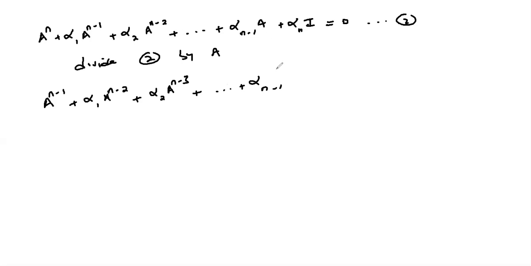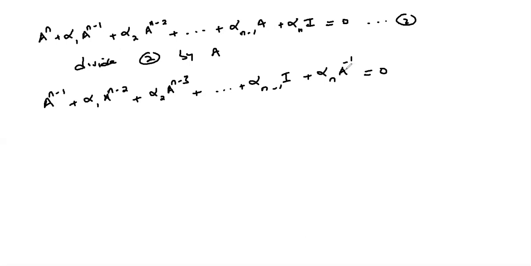When you divide by A, you get alpha n minus 1, but because this is a matrix equation, we multiply by I, an identity matrix, plus alpha n A power minus 1 is equal to 0.